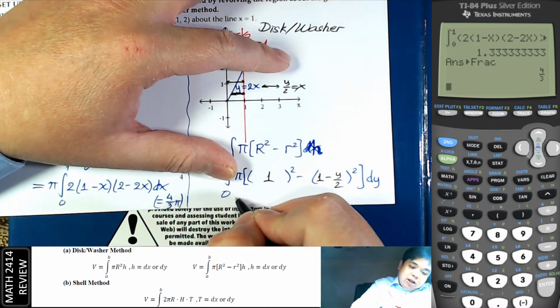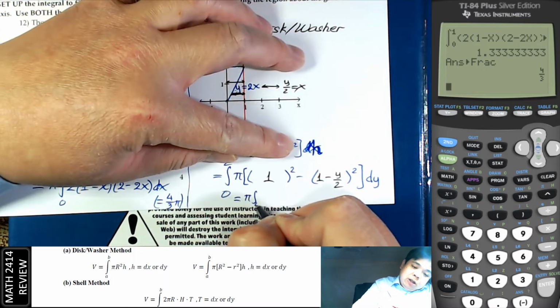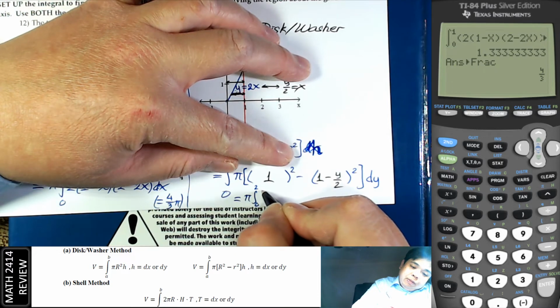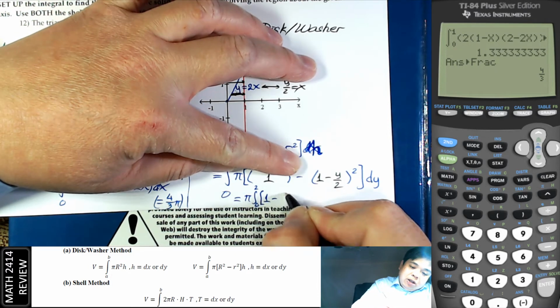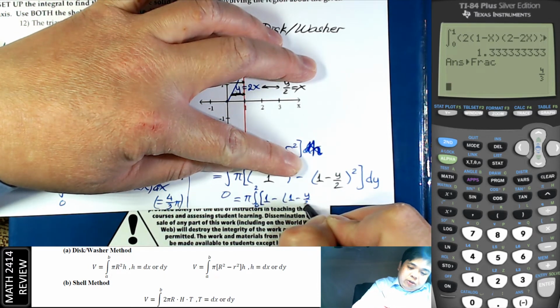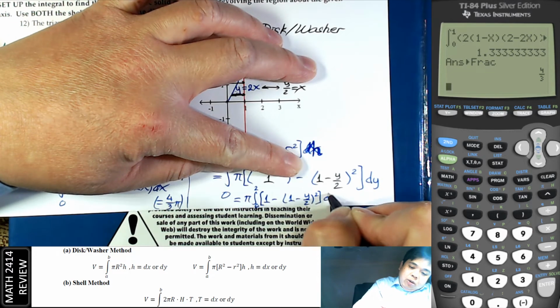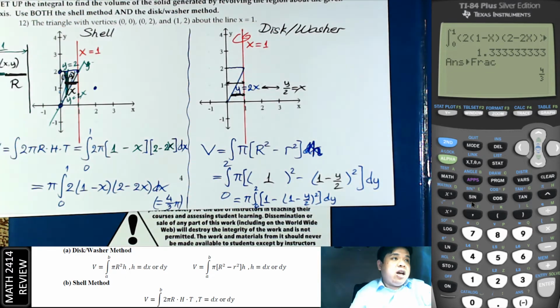So simplify this, pull out the pi, integral from 0 to 2 of (1 minus y over 2) squared dy. Right, let's evaluate that as well. From 0 to 2, and we have 1 minus, I'm just using x instead of y.